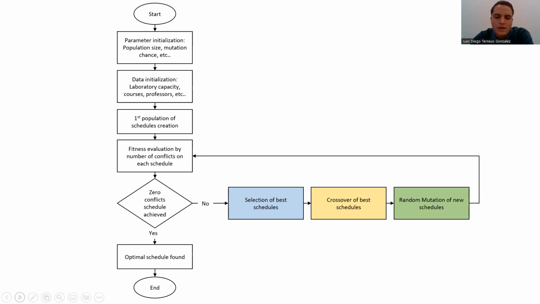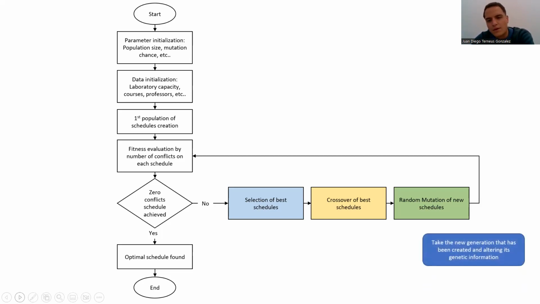And finally, we have the mutation. It consists of taking the new generation that has been created and altering its genetic information or characteristics with different techniques. We apply a mutation rate that is established at the beginning of the algorithm, which will determine the probability that an individual is mutated.